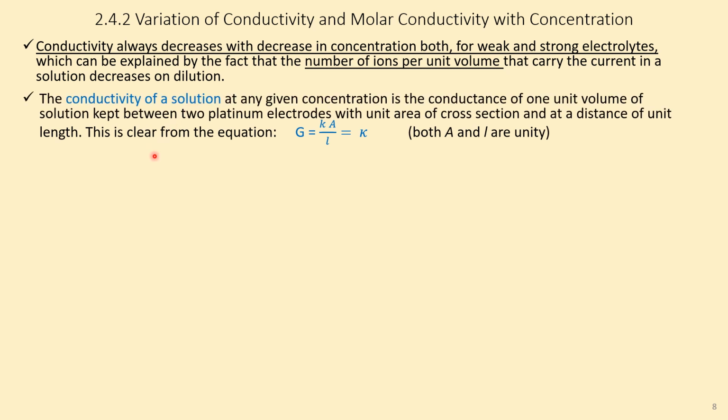The conductivity of solution at any given concentration is the conductance of one unit volume of solution kept between two platinum electrodes with unit area of cross section and at a distance of unit length. Thus, in the equation G is equal to kappa A by L, both A and L are unity. So if A is equal to 1 and L is equal to 1, G is equal to kappa.